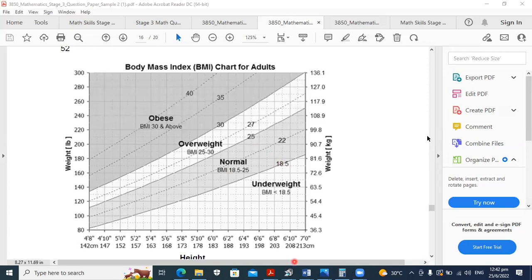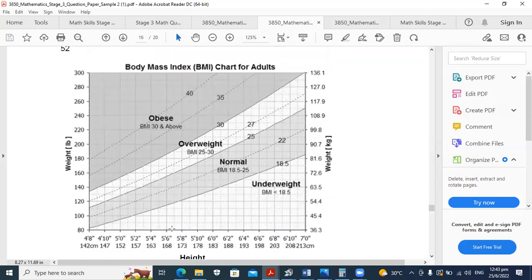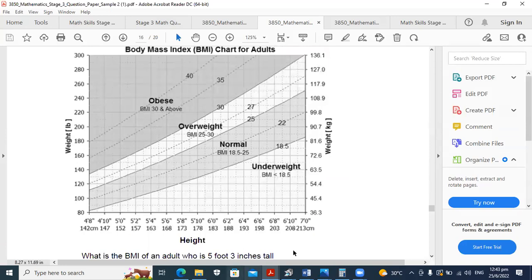So the question says, what is the BMI of an adult who is 5 feet and 3 inches tall, and somebody who is 170 pounds. All right. So 5'3" and 170.